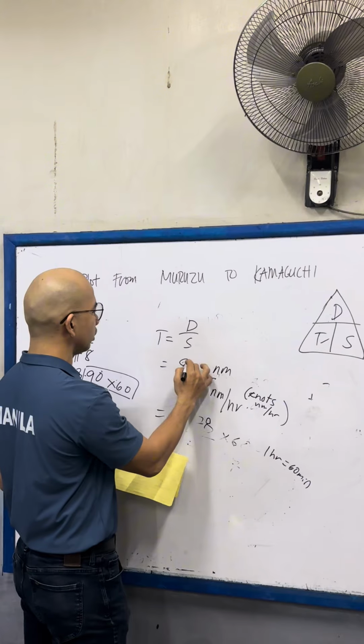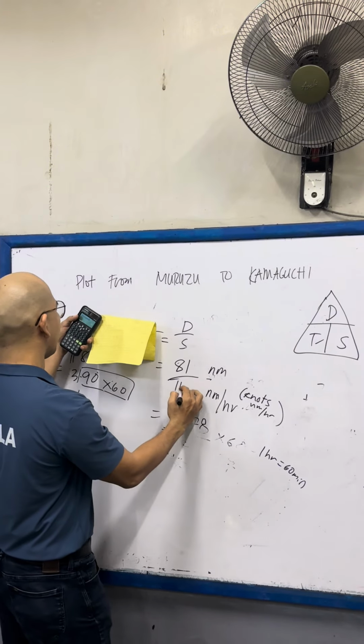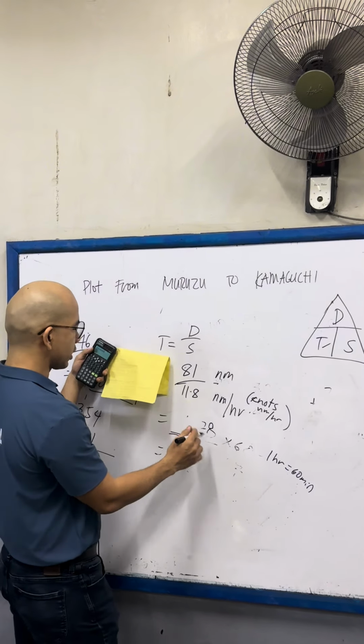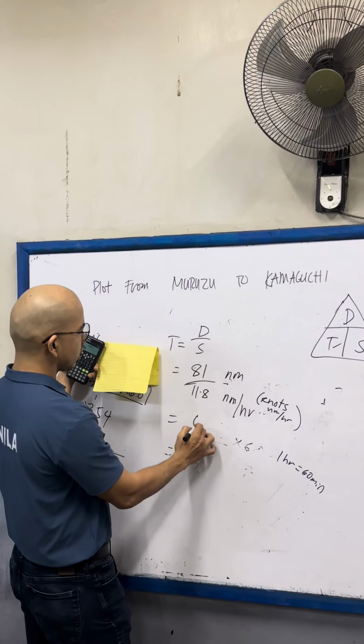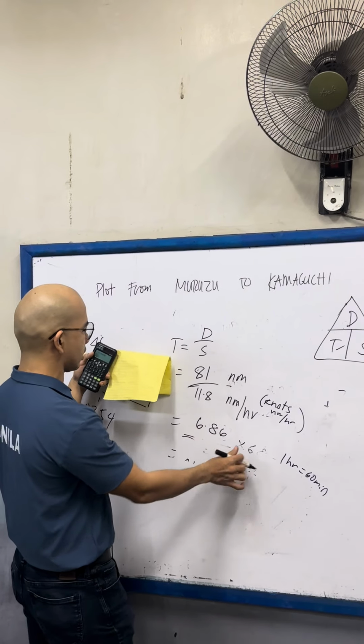Next, 81 divided by 11.8. The answer is 6.86.